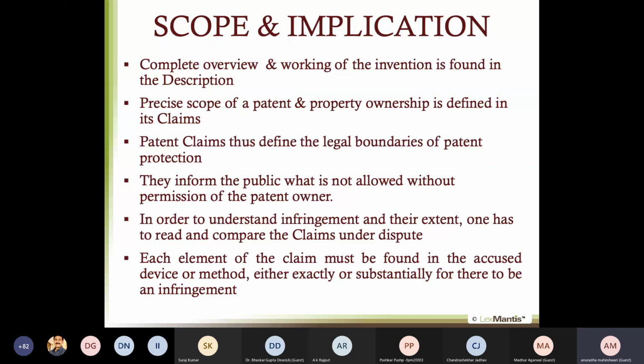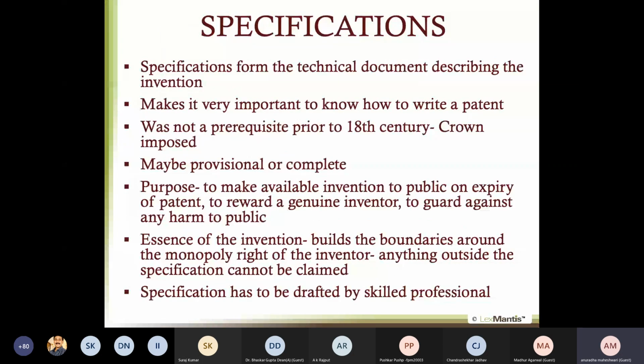When we are talking about infringement of patents, it becomes important to read the claims document. Each claim may be read out separately, and we will understand from that whether a patent has been infringed or not.